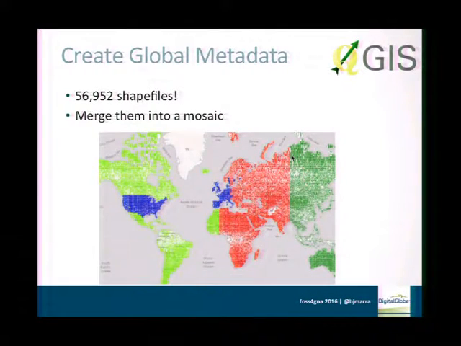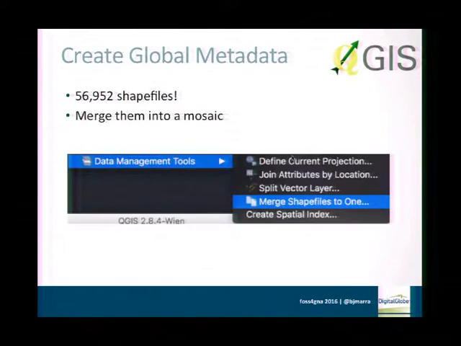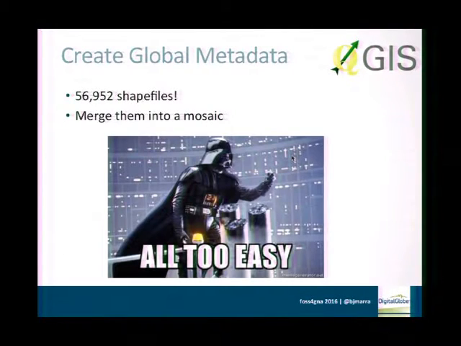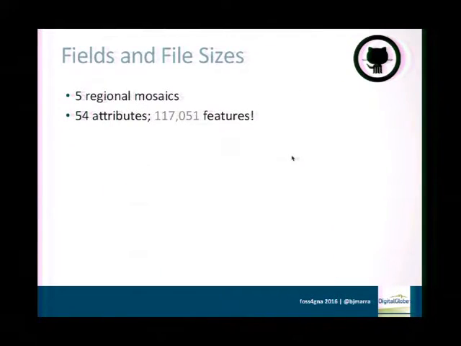So now we'll have 5 different mosaics instead of 1. So there we go, merge shapefiles into one. We're doing well. We got our shapefiles into 5 different regional mosaics, but they're still huge, 54 attributes. 117,000 features to cover the globe. That's 117,000 images that cover the landmass of the globe.